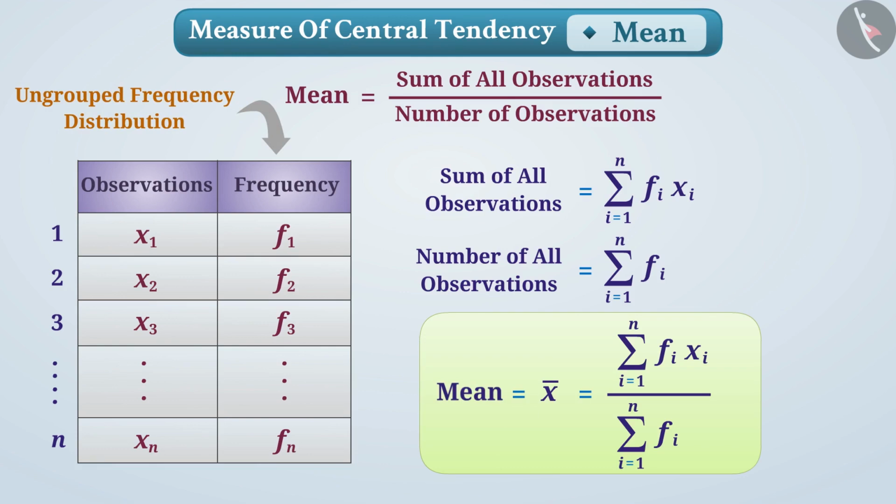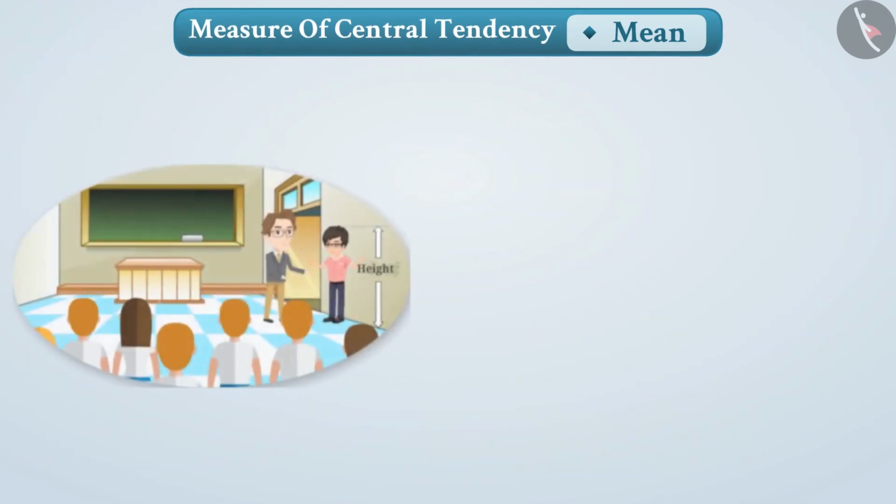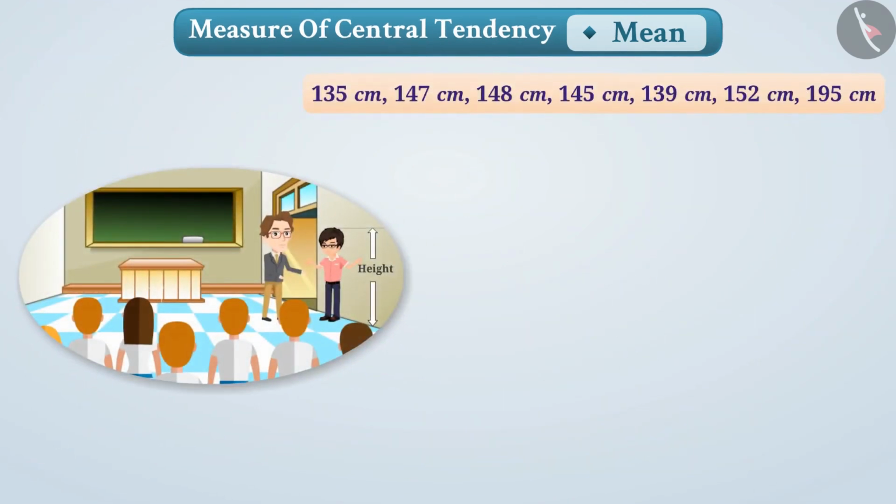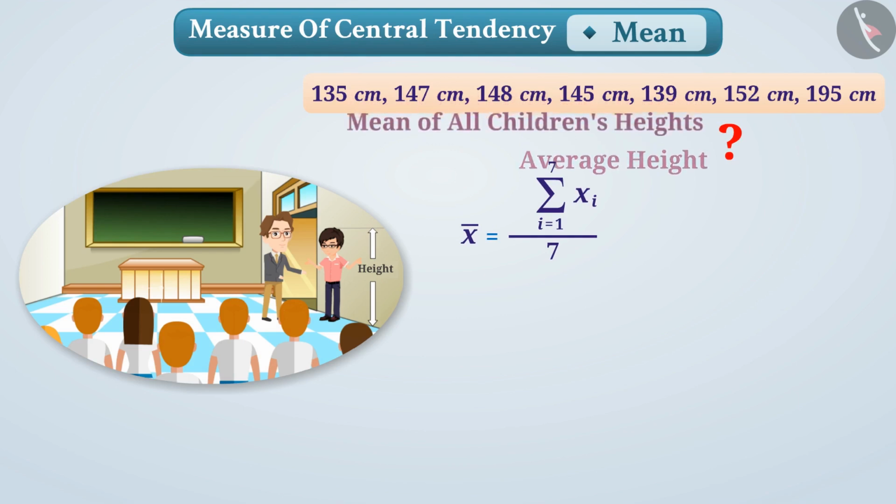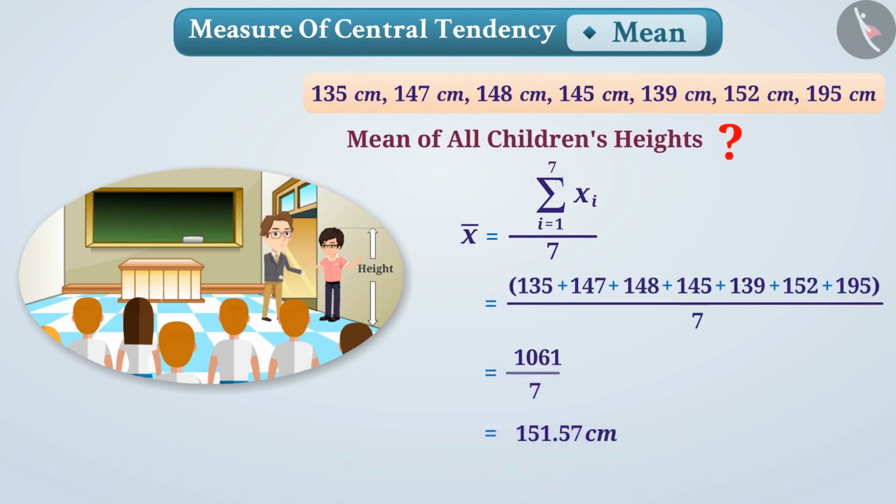Now, let's understand some characteristics of the mean. For example, here are the heights of some children. To understand what their average height is, we have to find the mean of all the children's heights. The mean is the only measure of central tendency that takes into account the total value of the data.